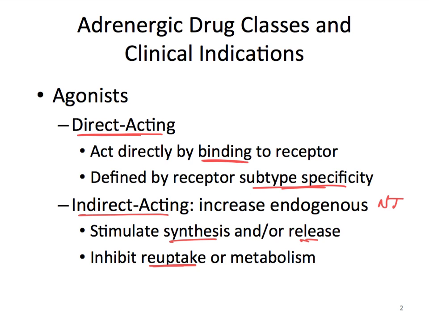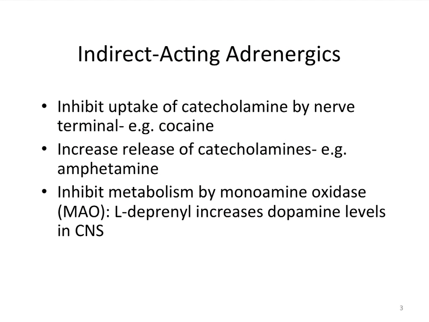But I simply want to be complete in our understanding of how we can increase the agonism effect related to the adrenergic neurotransmitters. Now, we'll be spending a lot more time talking about direct acting agents, but I thought it'd be worth mentioning the mechanisms for indirect acting adrenergics and give you some examples.